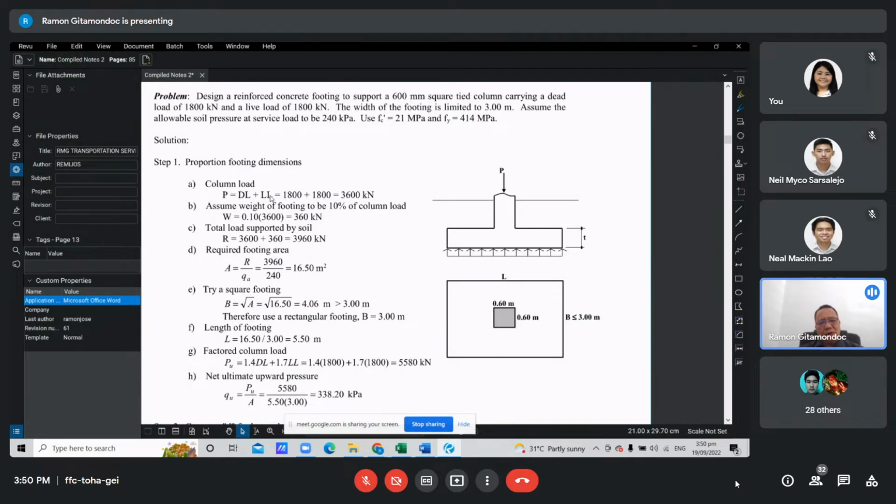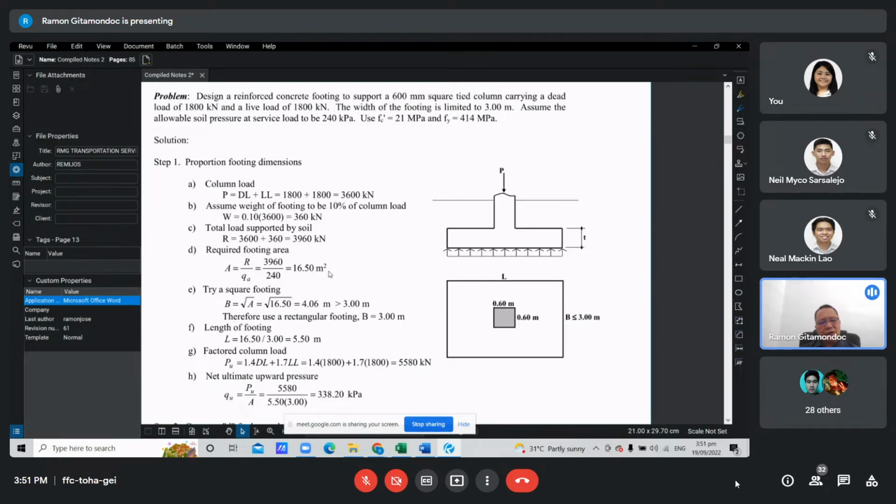So we have the sum of the dead load and live load. We get 3,600.